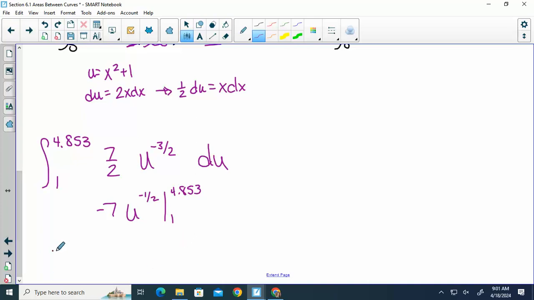Okay, so if we plug in, we have 4.853 to the negative 1/2 minus 1 to the negative 1/2. And I'm just going to put all that in my calculator because it is not pretty.